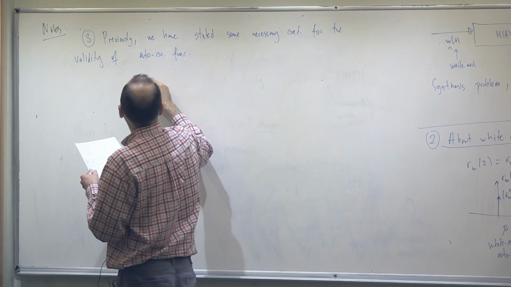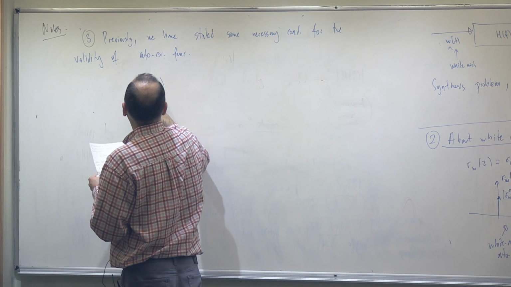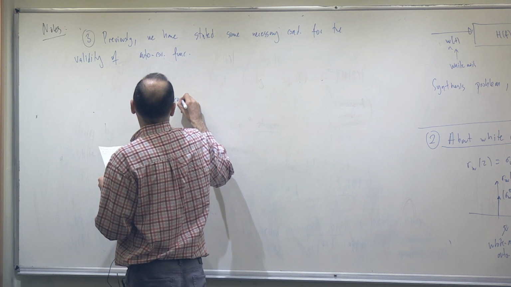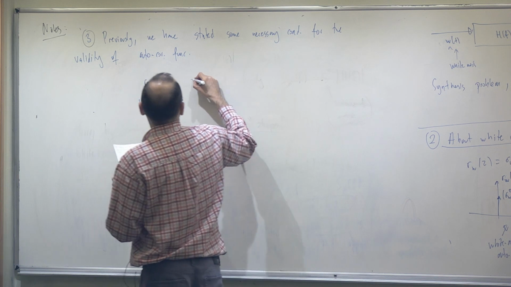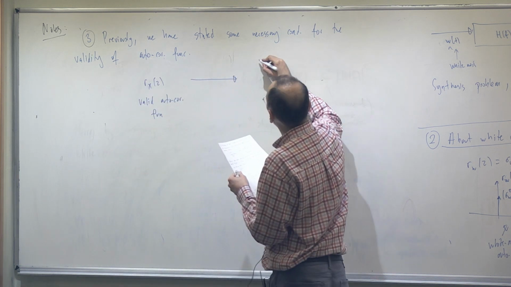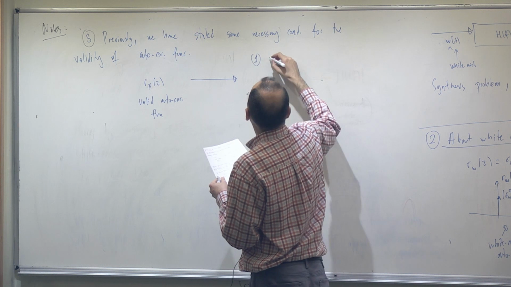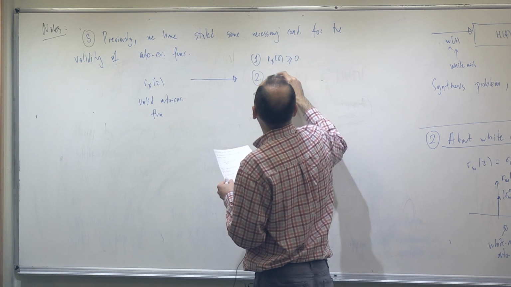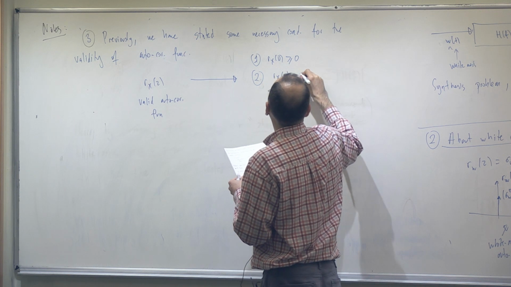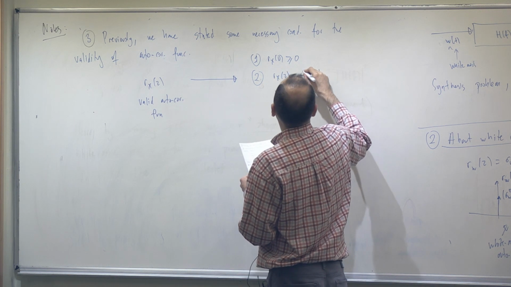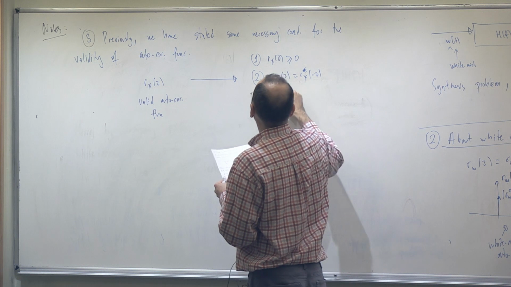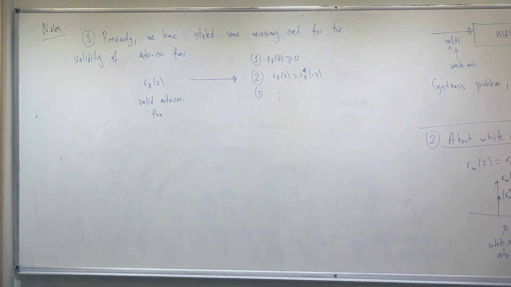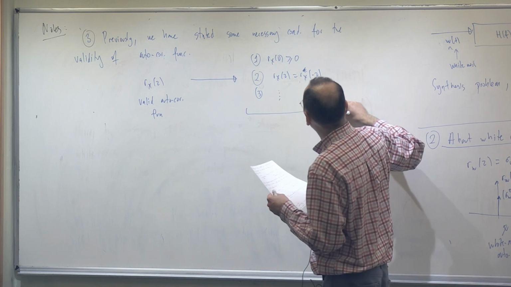Maybe you can remember: Rx of tau, a valid autocorrelation function. Now we say that, for example, Rx of 0 is greater than or equal to 0. What else? Rx of tau is equal to Rx of minus tau conjugate, etc. Things like this. So these are called necessary conditions.